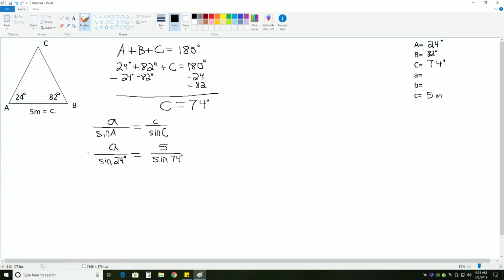And now to finally get A by itself, we're just going to multiply each side by sine of 24 degrees, which leaves us with just A on the left side, since the sine of 24 will cancel with the sine of 24 in the denominator, giving us A equals 5 sine of 24 degrees over sine of 74 degrees.